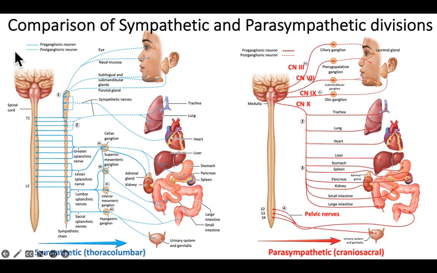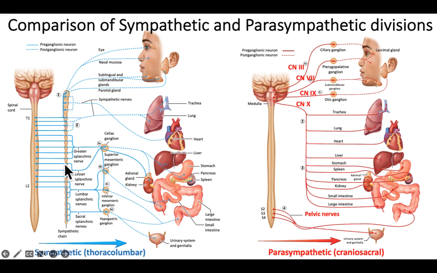So you'll notice in this side, this is the sympathetic division. Your sympathetic division, also called the thoracolumbar, comes out of the thoracic spinal cord and lumbar spinal cord. So that's where the nerves come out. Then they find their ganglia, right? There's a ganglion for the sympathetic division called the chain ganglion.